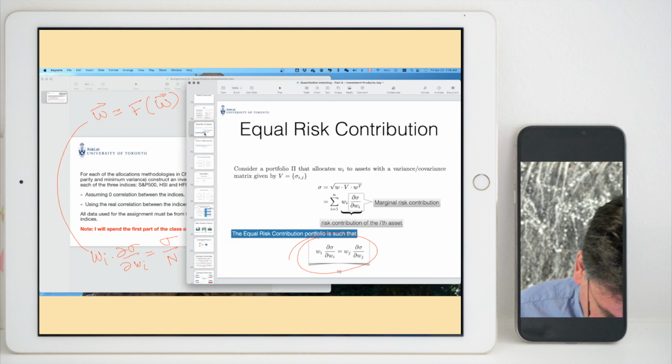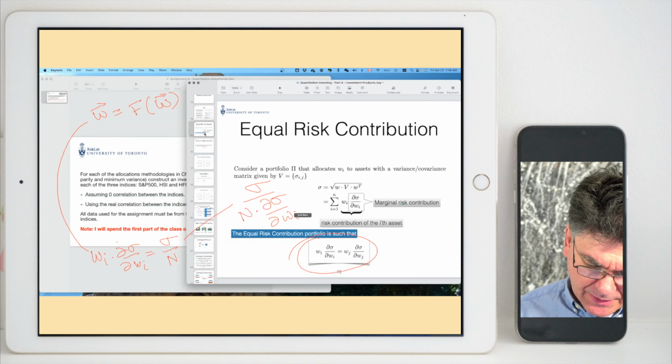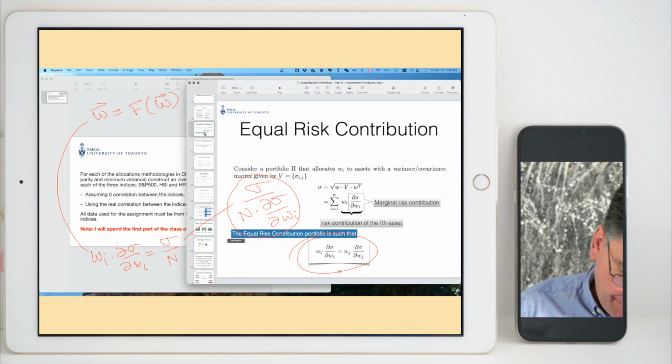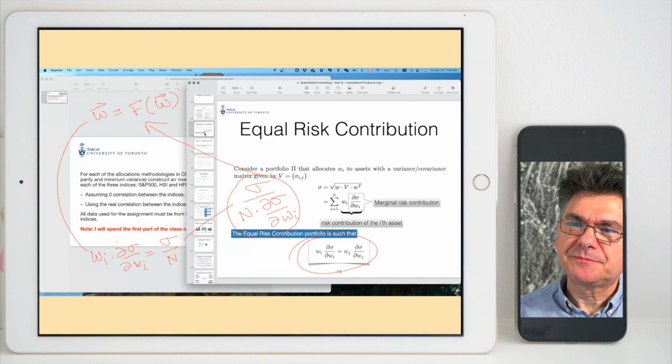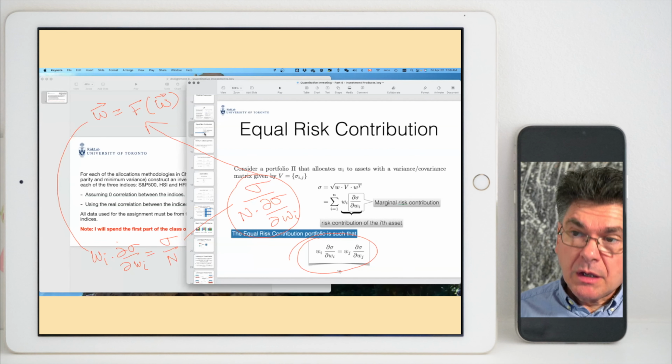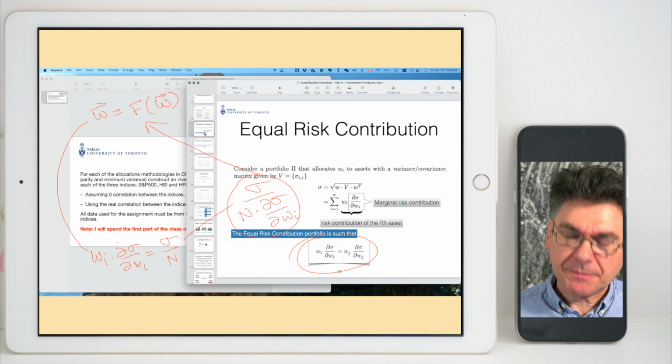That function f is sigma divided by n times the derivative of sigma with respect to sigma i. That's my function f. See? It's exactly the same method as the Newton method.